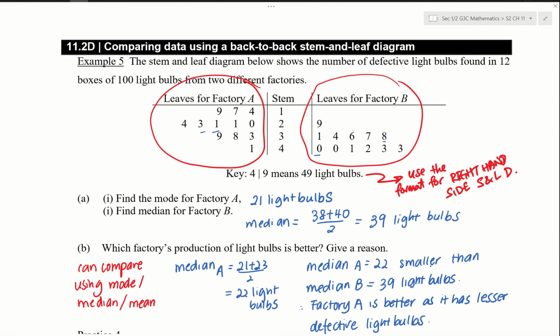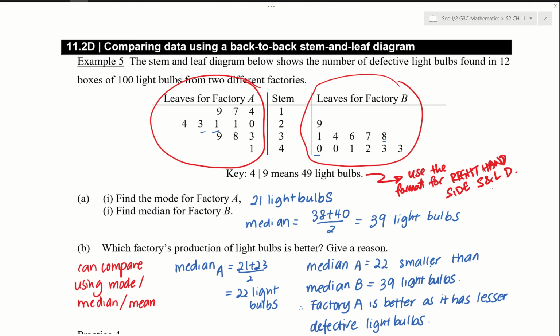Please don't try and write the key like this, where you tell me 9/1 means 19. Don't do that. Draw the key for the right hand side as usual. Then once you get that done, the mode and the median are all the same.